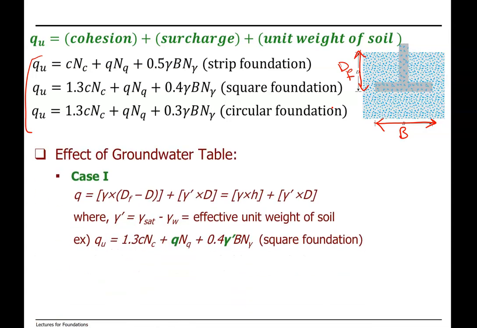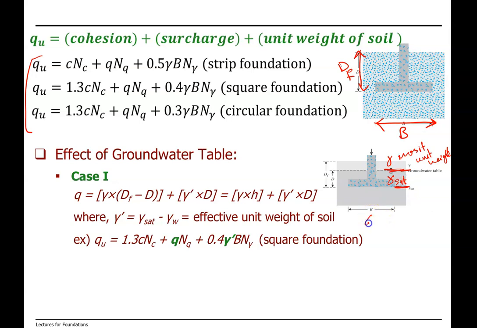If we have groundwater table and it's above the bottom of footing, then you need to make adjustments to your formulas. So instead of here, we have a moist unit weight and below groundwater table we have saturated unit weight.